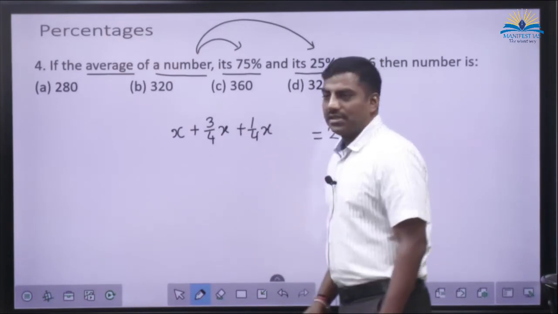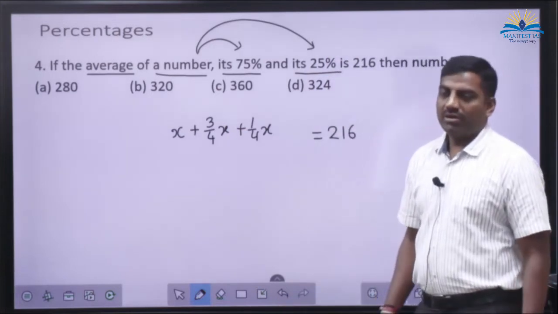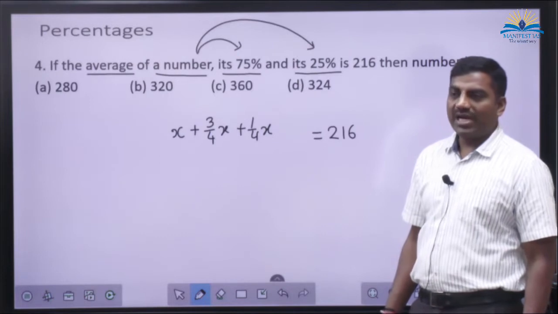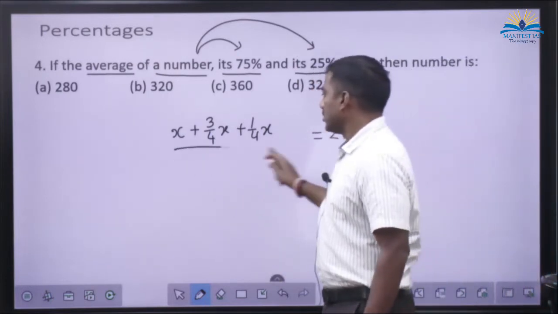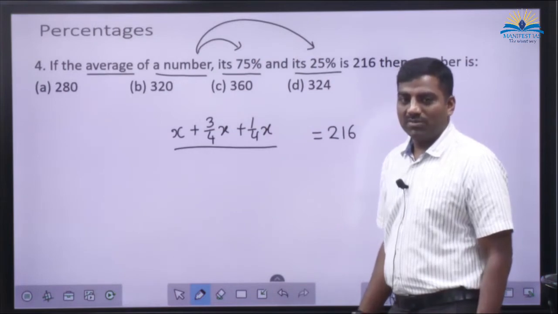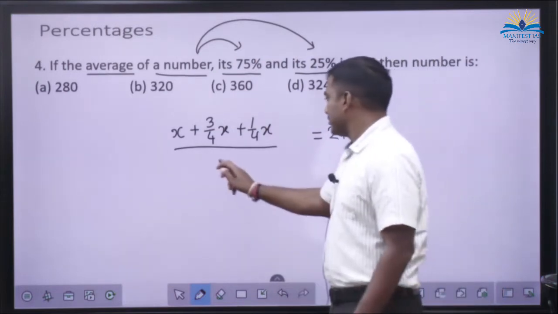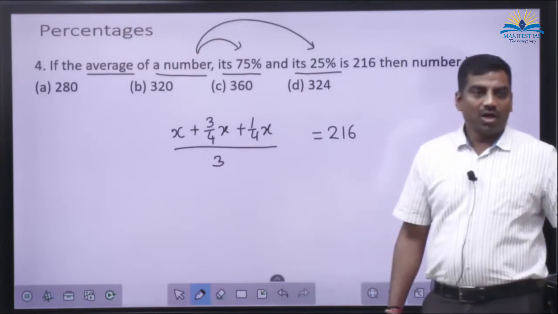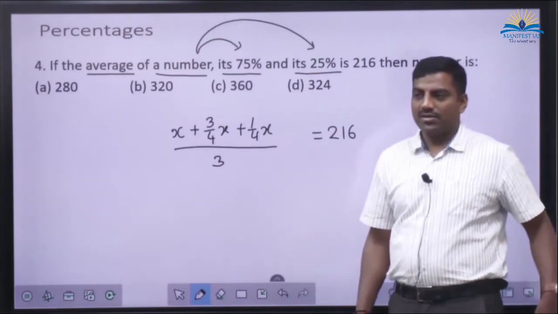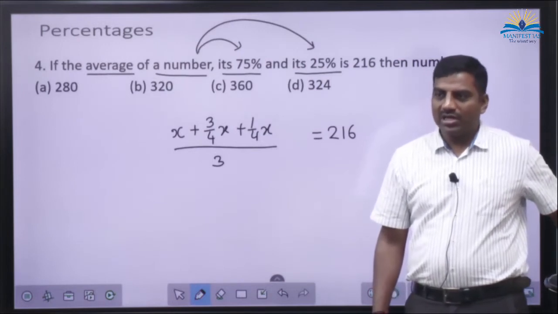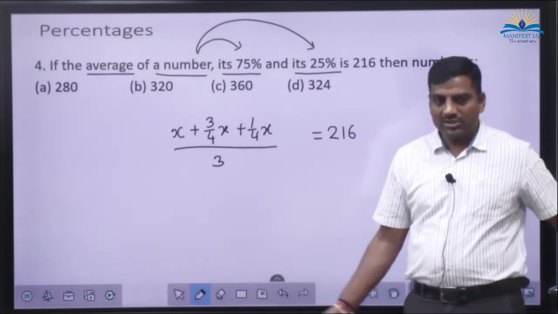Can I write like this? This becomes the sum. When you want to take the average of these three numbers, you should divide by how much? When you are taking the sum of three numbers, 3. In this equation, how many variables are there? One variable, one equation. Can we solve? Okay, solve for X.